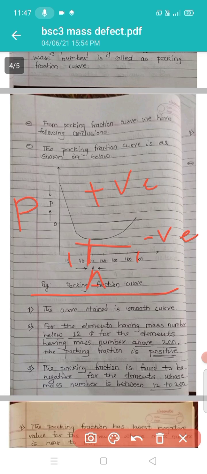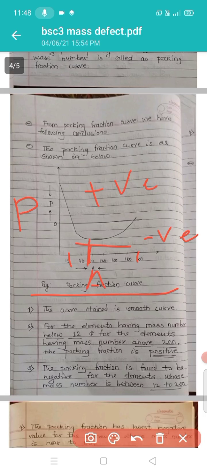The light elements whose mass number is less than 12 have positive packing fraction, and hence these elements are suitable for fusion reactions.